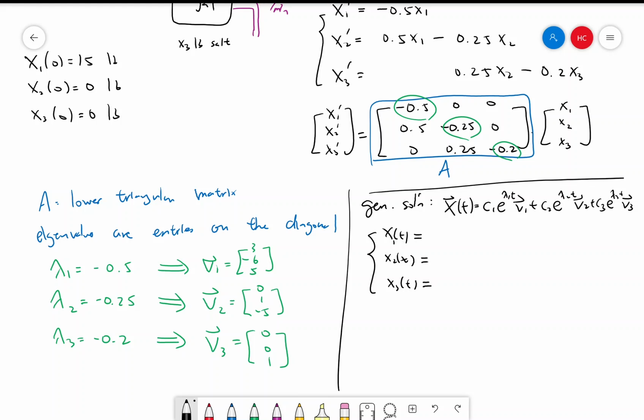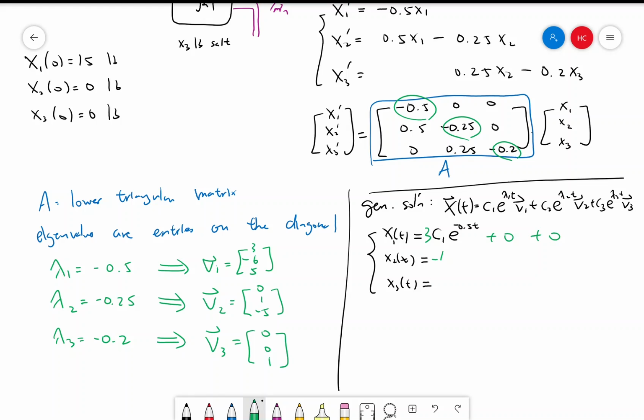So x1 is c1 e to the lambda 1t, which is negative 0.5t, times the first entry of v1, which is 3, plus c2 times e to the lambda 2t times the first entry of v2, which is 0, and c3 times e to the lambda 3t times the first entry of v3, which is also 0. Okay, same thing for the other two.